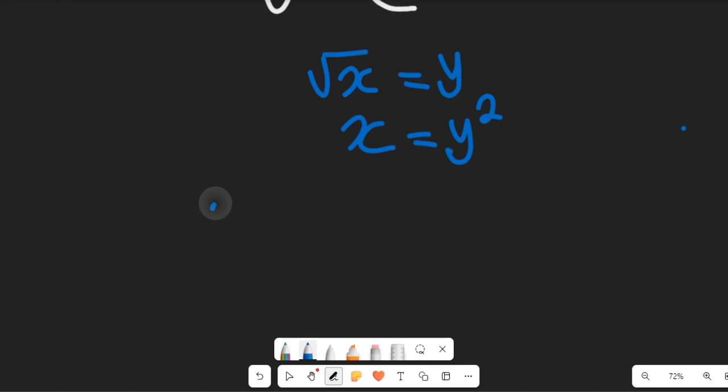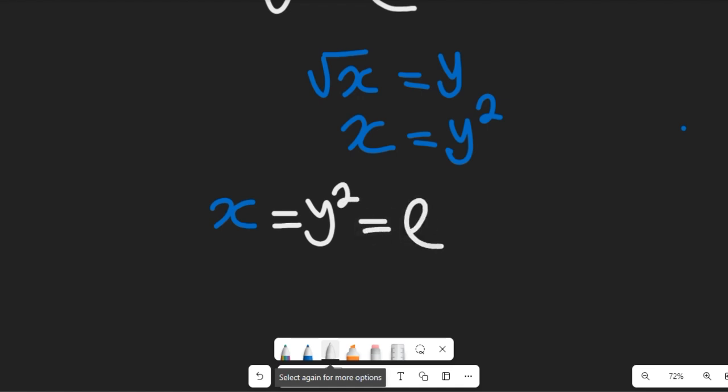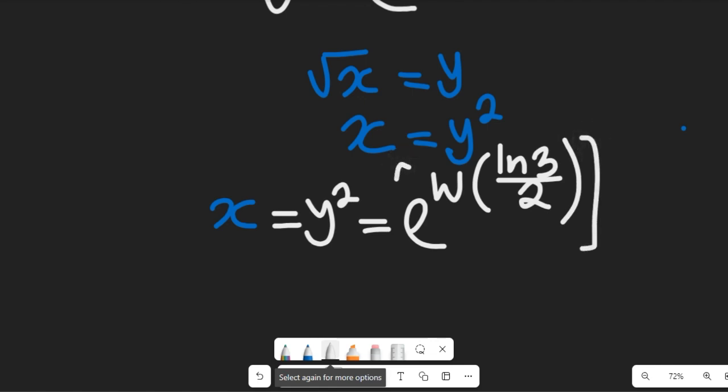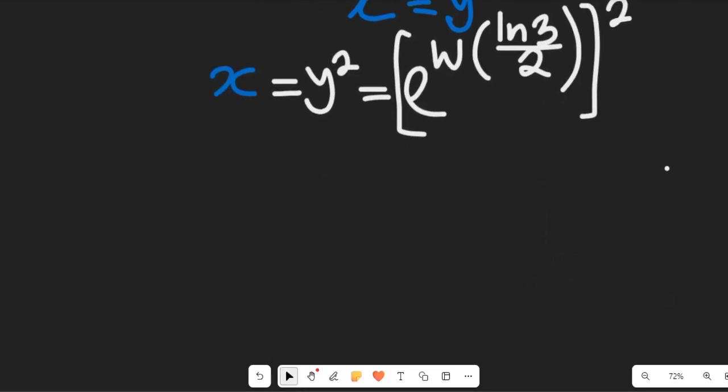So that simply tells us if x is equal to y square, we'll have that expression to now give us x equal to y squared, and since this is also squared, this other one, the exponent of the Lambert of ln of 3 divided by 2, all to the power of 2, this will also be squared, right? So if we have that expression to give us that, that is the value of y.